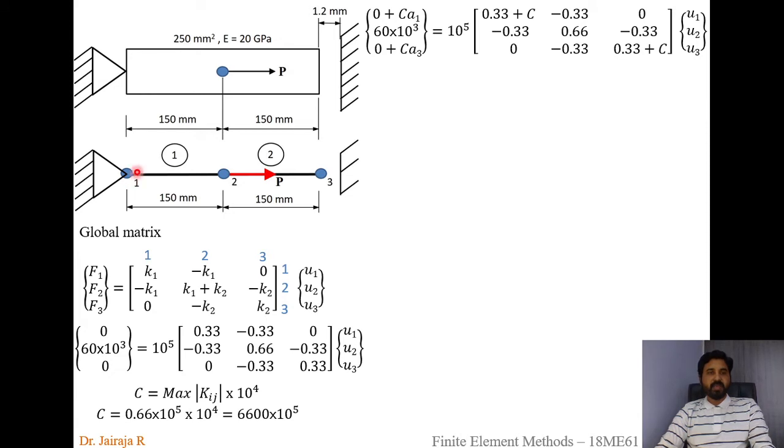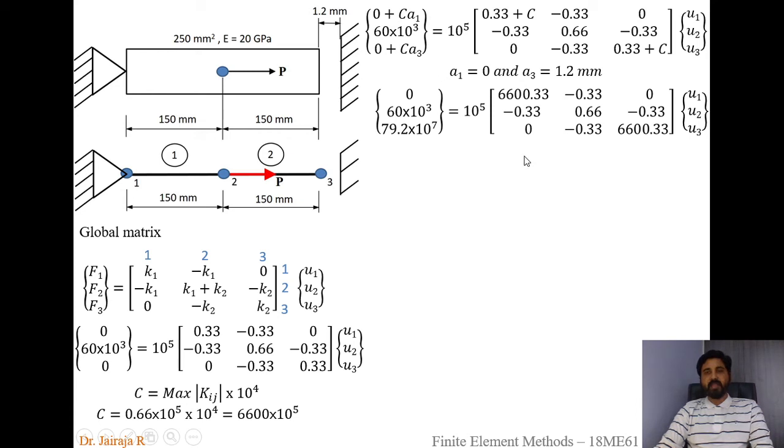Since node 1 is fully fixed, A1 should be 0, whereas at node 3 the spring displacement is such that the node is allowed to move 1.2 millimeter. So A3 should be 1.2 millimeter and A1 should be 0. Substitute A1 equal to 0, A3 equal to 1.2 millimeter and the C value in this equation.